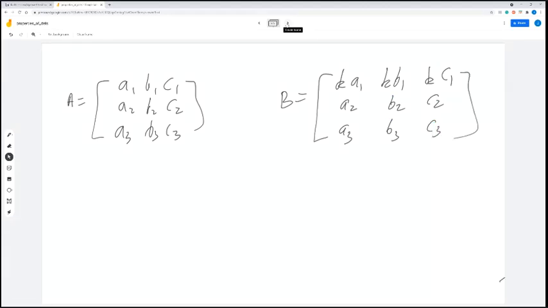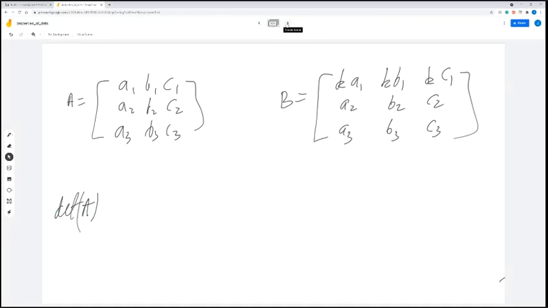And my question is, how does determinant B compare to determinant A? Now, we know how to calculate determinant A. If I want to find the determinant of A, I need to expand with respect to one of the rows.